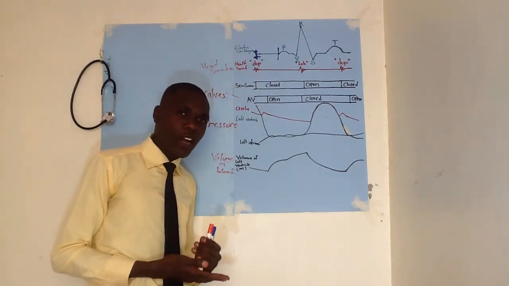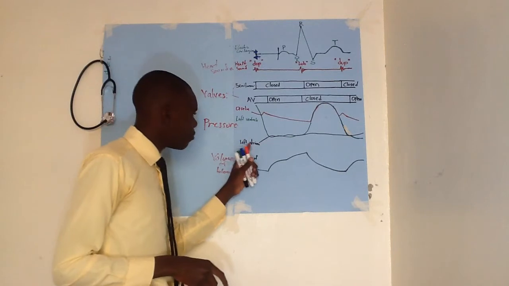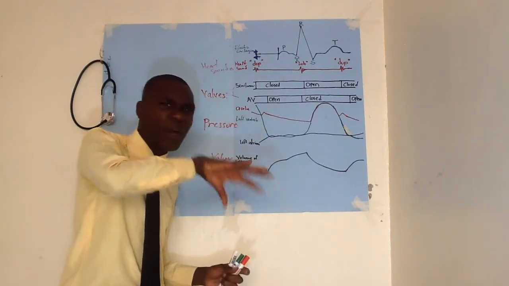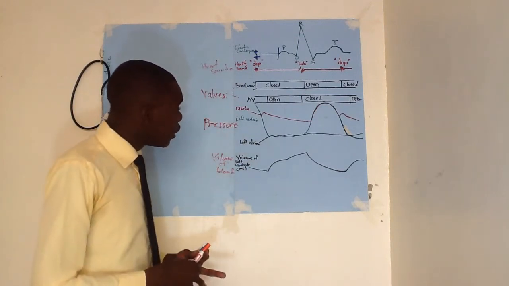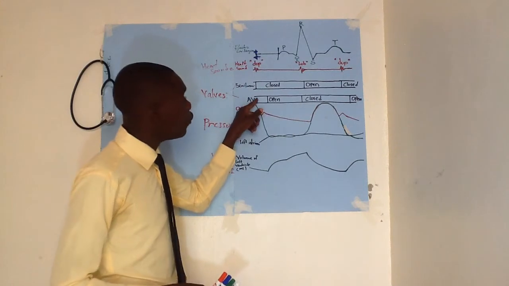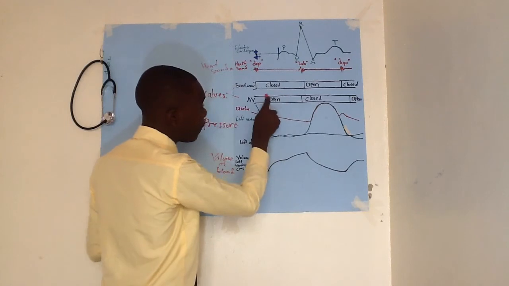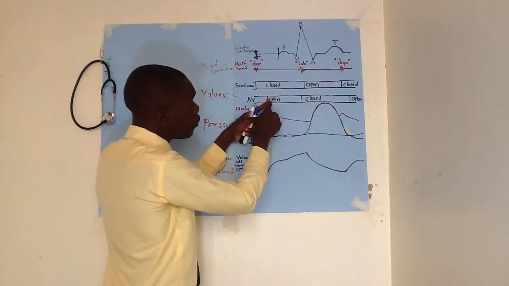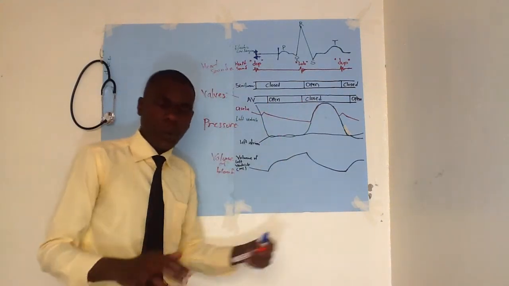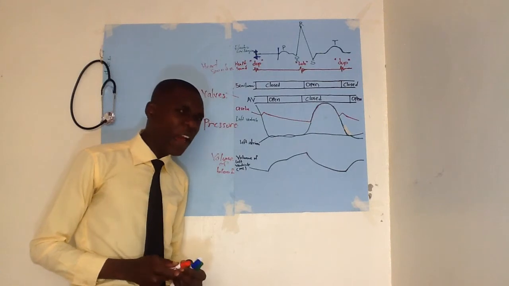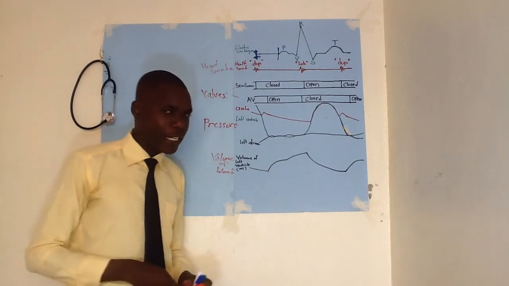Blood is increasing in the atrium, resulting in increased pressure, so the atrioventricular valves are going to be opened here. And as soon as they are opened, we are going to have rapid ventricular filling. Blood is going to rush into the ventricles at a very high speed.